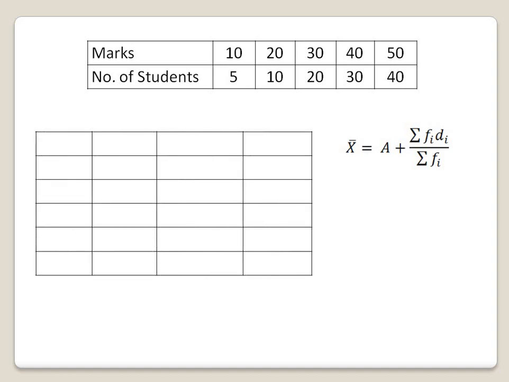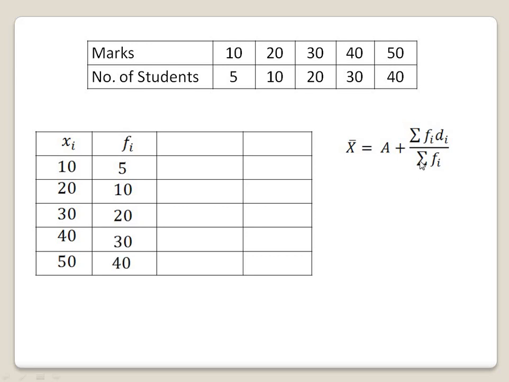Let us see the marks denoted by letter xi, which are 10, 20, 30, 40 and 50, and the number of students, that means frequency, which is denoted by letter fi, that is 5, 10, 20, 30 and 40.